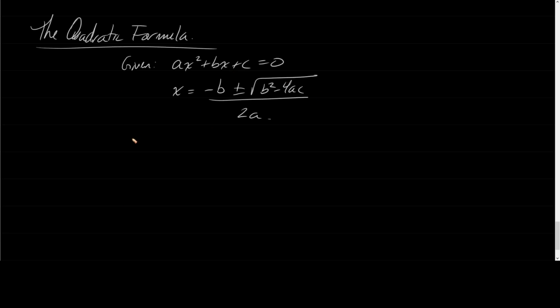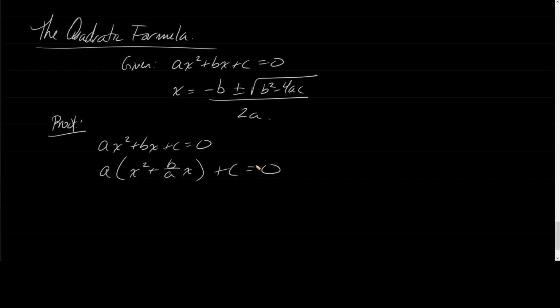Well, let's see. This is our proof. If I start with ax squared plus bx plus c is equal to 0, I can complete the square here, and I'm left with x squared plus b over ax plus c is equal to 0, right? I factored out the a from the first two terms.